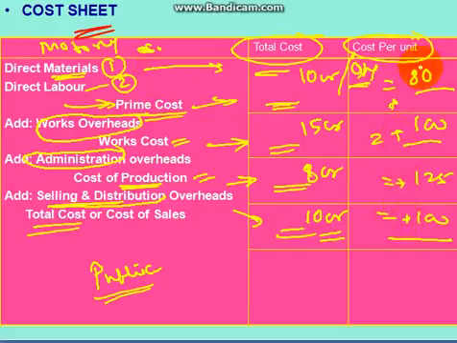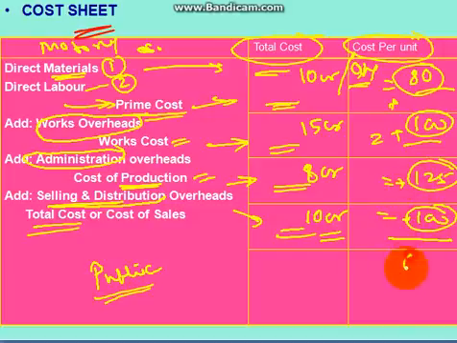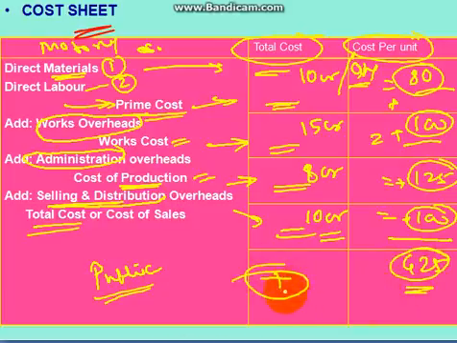One unit is taking say 80 rupees in the form of materials, 100 rupees in the form of works, 125 rupees as administrative expense, and 100 rupees as selling or distribution expense. So you will understand that per unit it took, say, 425 rupees, you will add some margin, say 100 rupees, and you will sell that product at 525 rupees.